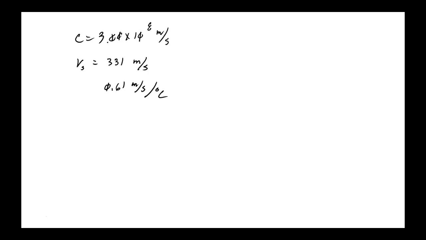So the speed of sound in dry air at 1 atmosphere of pressure is then given by this. v is equal to 331 meters per second plus 0.61 meters per second per degree Celsius times your temperature in Celsius.